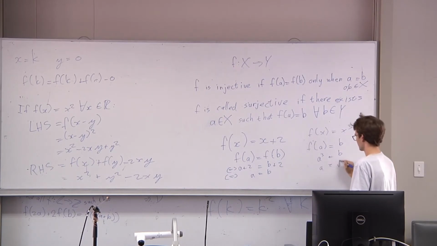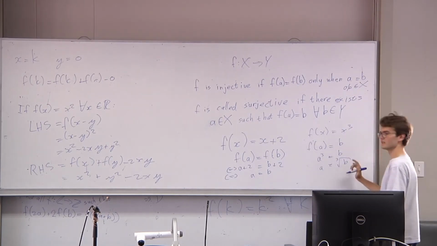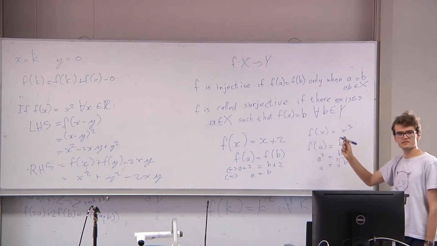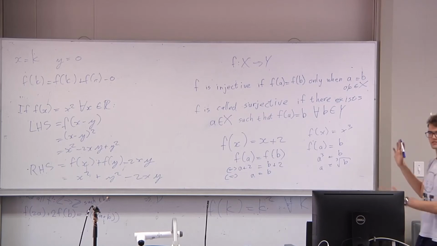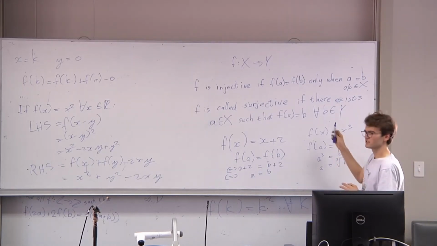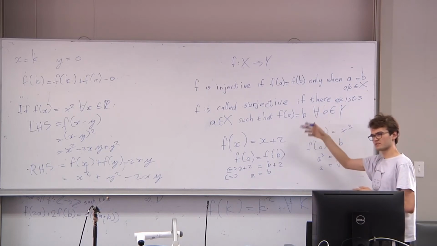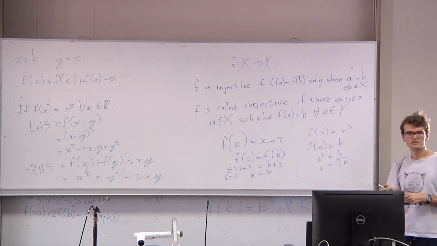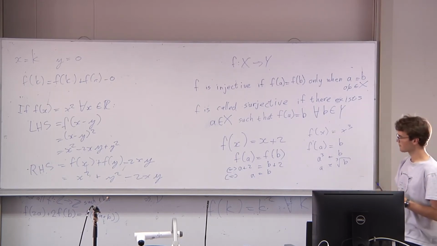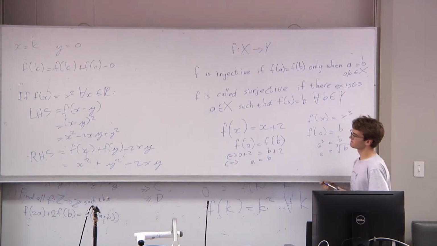So a equals the cube root of b is a solution. And since the cube root of b is in the domain for every value of b that you choose, this is a surjective function. And a function is called bijective if it satisfies both of these two things.